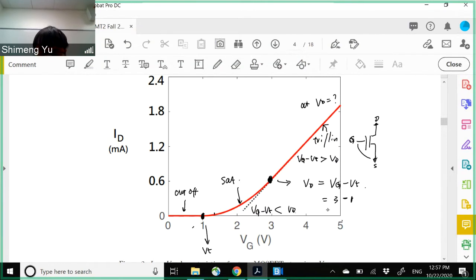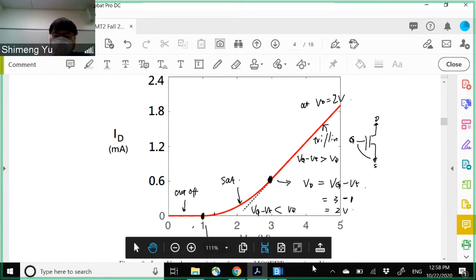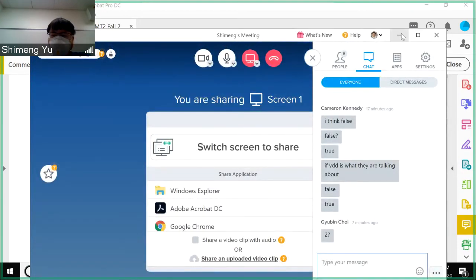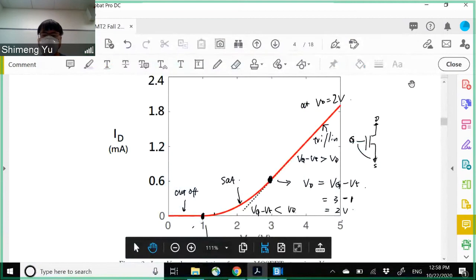So this boundary is 2 volts. So here the Vd is 2 volts. All right, any questions? So in this curve, we can determine the threshold voltage and also the drain voltage.